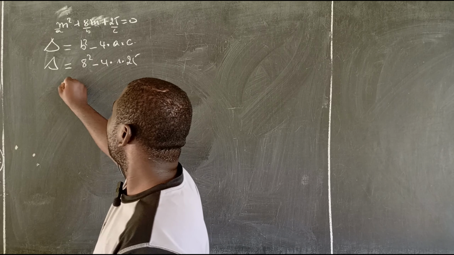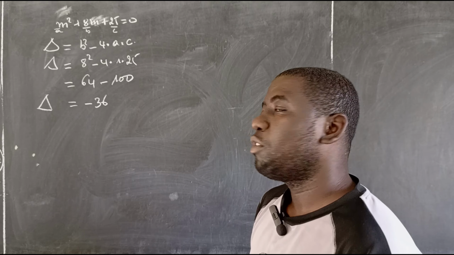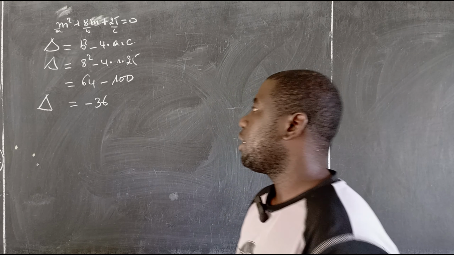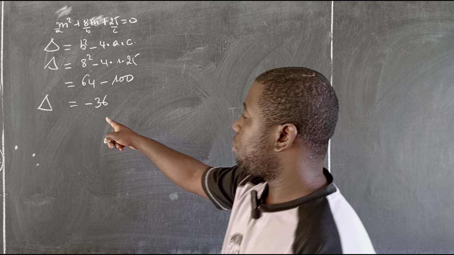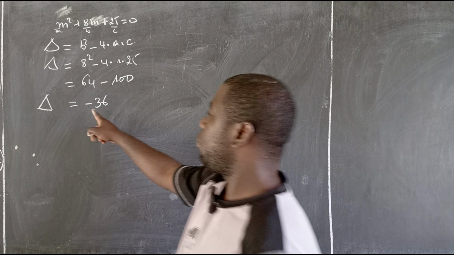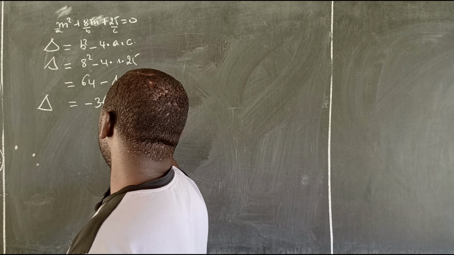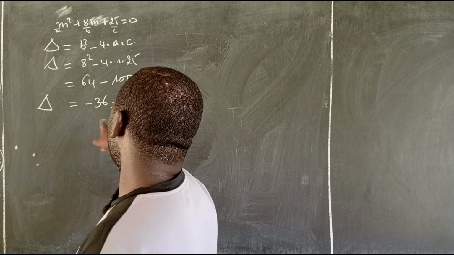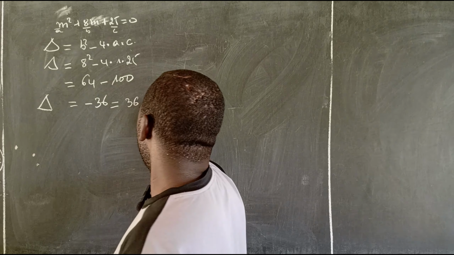As the determinant is less than 0, we are going to solve the value of m in complex form. Remember, this negative will be equal to 36 i squared, where i squared is equal to negative 1.